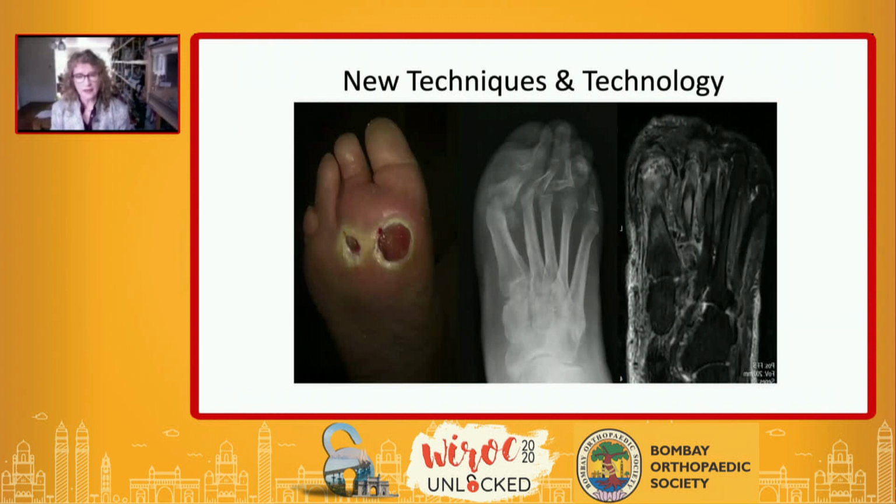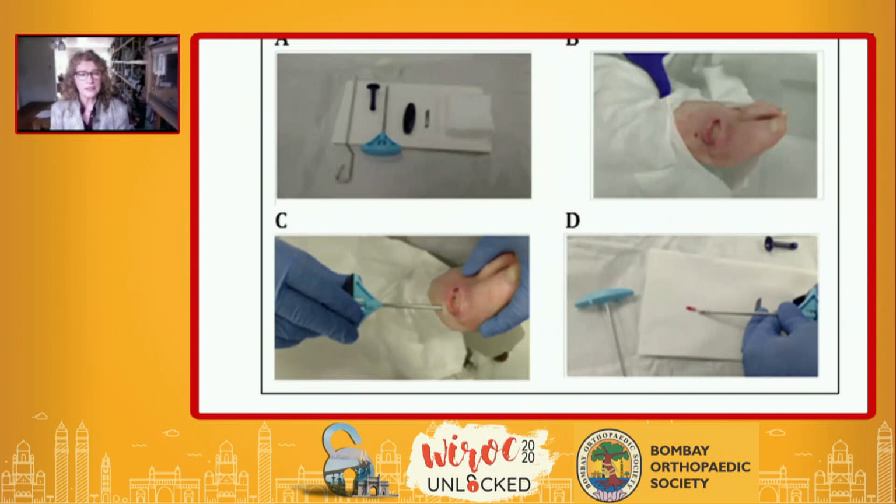You can see the abnormality in the X-ray and on the MRI scan, and it's by collaborating with our orthopaedic colleagues that we can learn to carry out bone biopsies in the outpatient department, send the bone to the microbiology lab so that we can target more accurately the antibiotics that this patient requires.